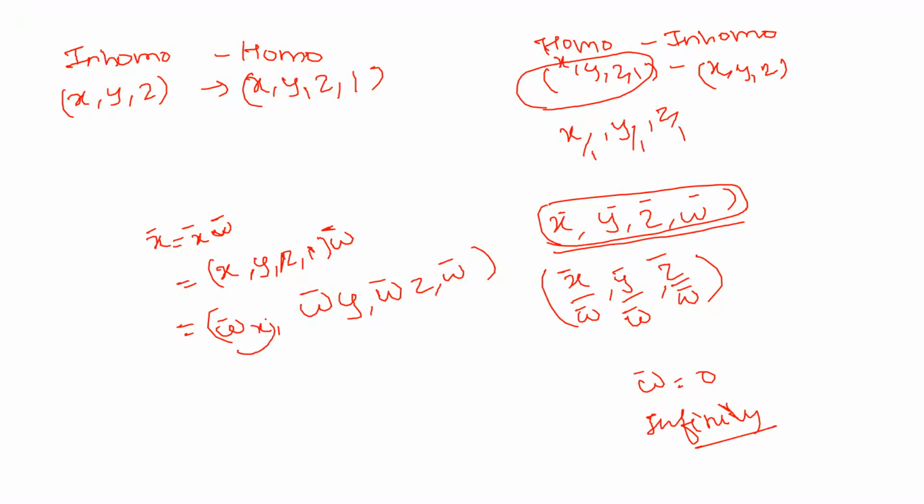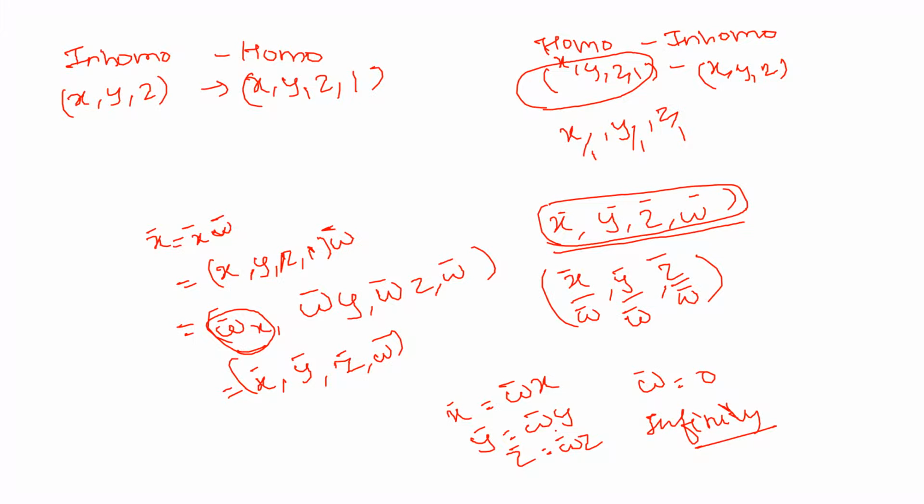So x bar equals w bar into x, y bar equals w bar into y, z bar equals w bar into z. This is the general, explicit way of representation.